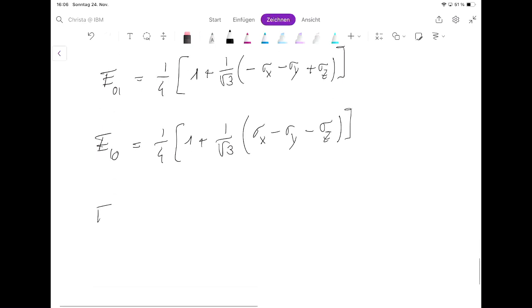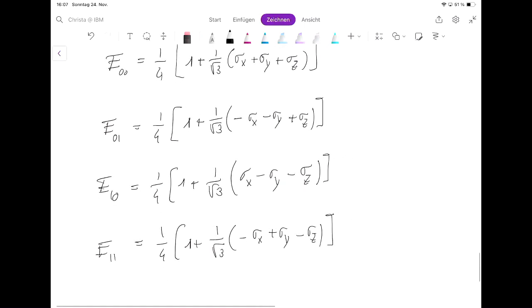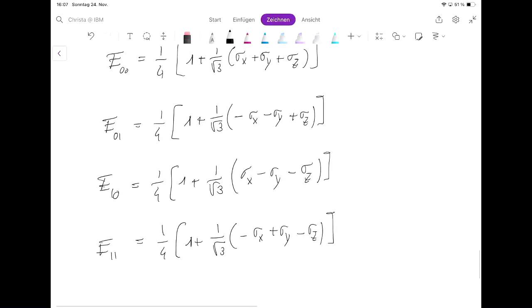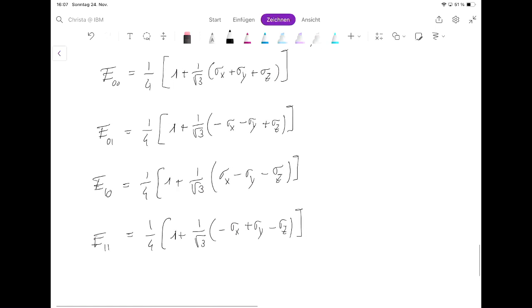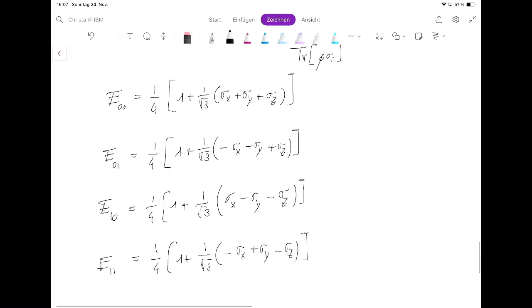And the last one: 1 plus square root of 3 minus sigma x plus sigma y minus sigma z. Okay, these are nicely only 4 effects, which are as many numbers as we need to learn for our density matrix to be known.